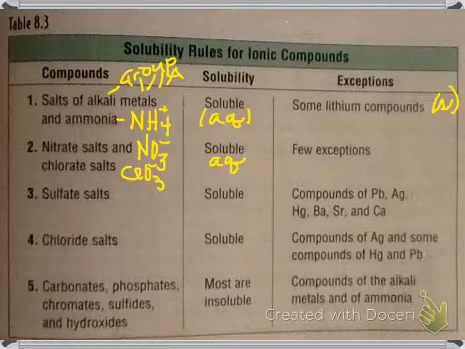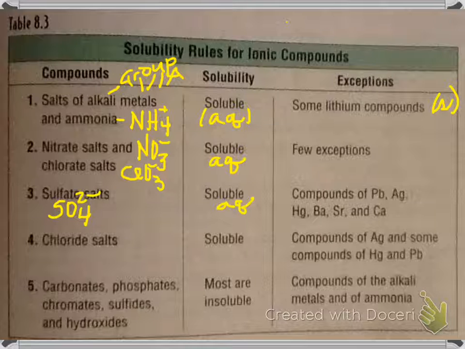Sulfate salts for number 3. Again, sulfate is a polyatomic ion you have memorized. It's SO4, the charge of -2. Again, these are soluble, so that means I'm going to put aqueous. And again, though, notice that we have some exceptions.